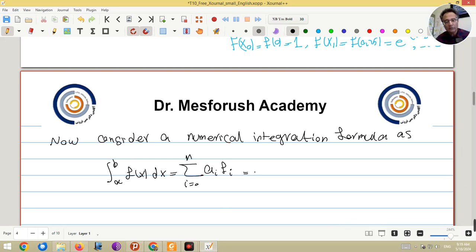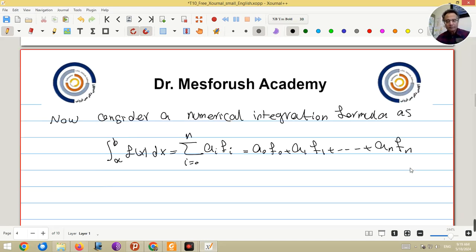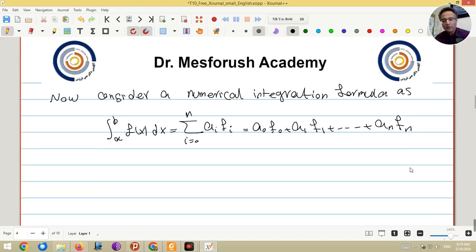This is equal to, for example, a0 f0 plus a1 f1 and so on until an fn. Okay, this is a quadrature formula, in fact. Now we have to find a0, a1 to an.